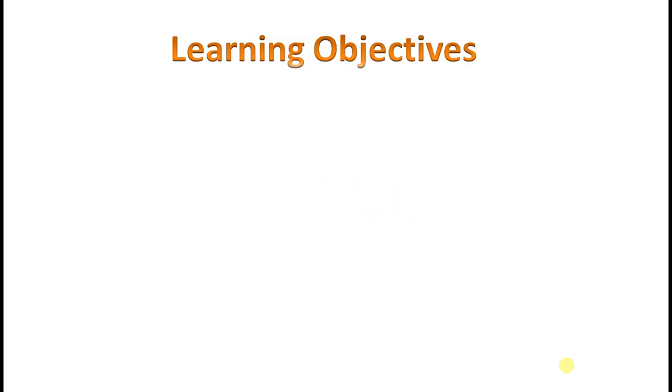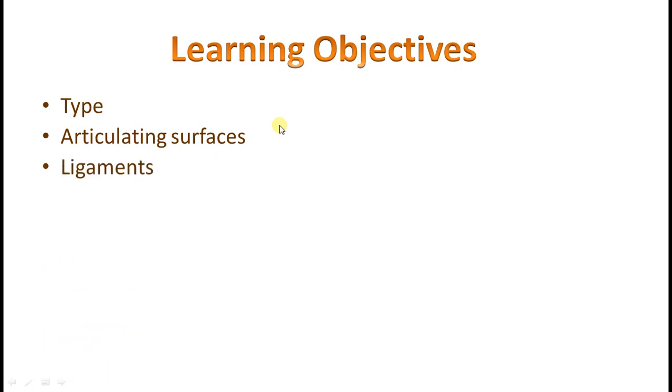Our learning objectives for the hip joint will be, as with any other joint, first understanding the type of the joint, followed by the articulating surfaces, the bones taking part in the joint, then the ligaments, that is the various ligaments which are rendering support to the joint, followed by the other supports apart from the ligaments, that is muscular or any other extra-ligamental factors which come into act to render support to the joint.